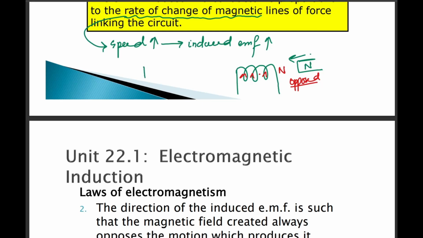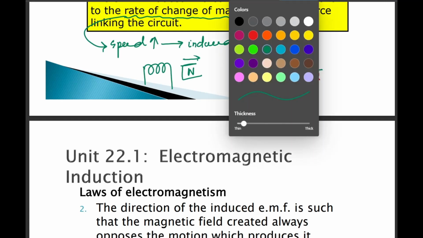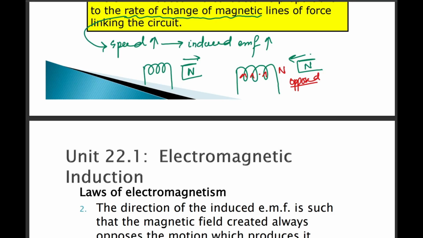So when they try to take it away, for example, the same North Pole that was brought closer to it, this motion actually caused such a flow of current in the coil that when I applied the right hand grip rule, I found that the coil's end closer to the magnet is behaving like a South Pole, and this is going to try to attract the North Pole or prevent it from moving away.